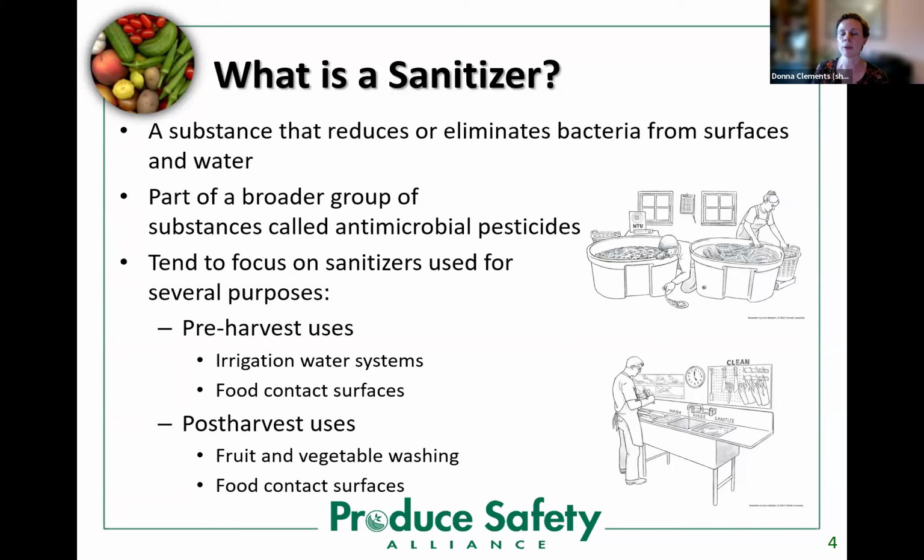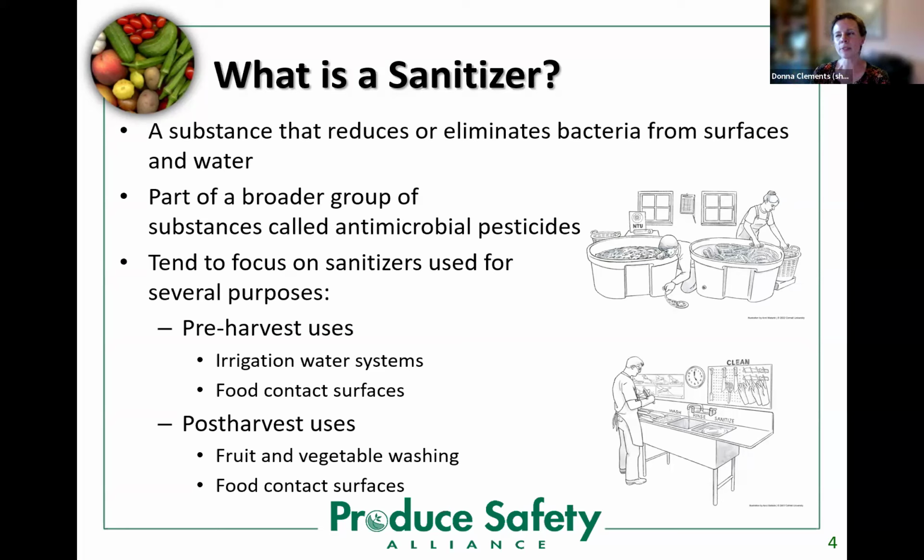This is a definition that we have in the PSA glossary, and anybody who's taught a PSA grower training course should be familiar with this concept of a sanitizer. It is part of a broader group of substances called an antimicrobial pesticide. I wanted to add that note because we're going to talk a little bit about EPA labeling, and that is the official term that sanitizers kind of fall within, that group of antimicrobial pesticides.